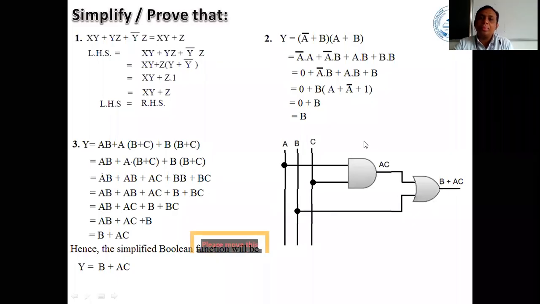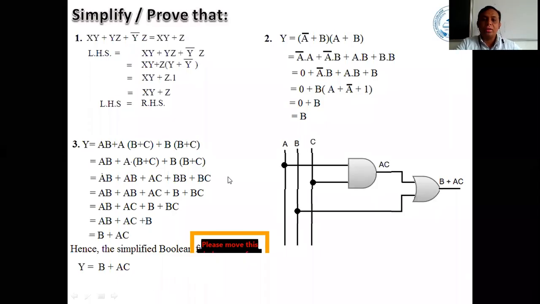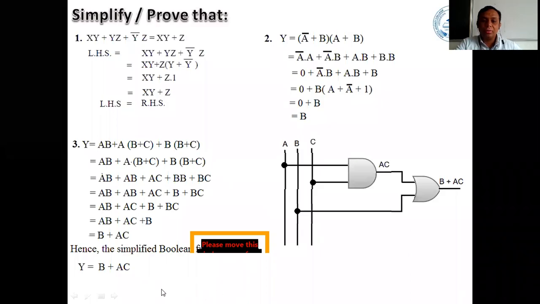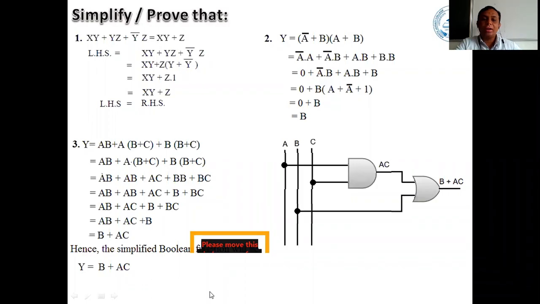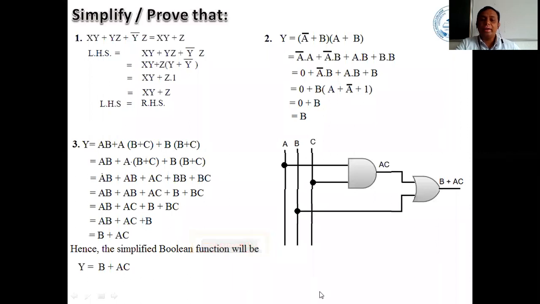This is one of the advantages of Boolean algebra: we are able to simplify the given expressions. Hope you have understood that. We'll take up some more complicated problems, simplify them with Boolean algebra, and construct the circuit for the simplified expressions.